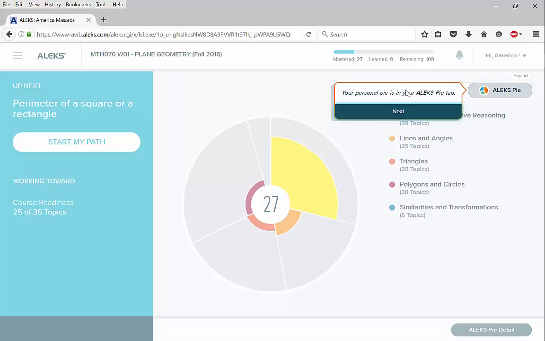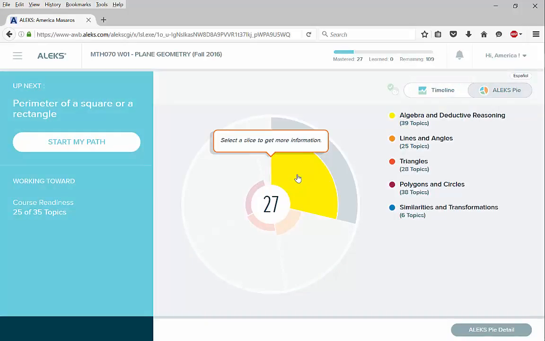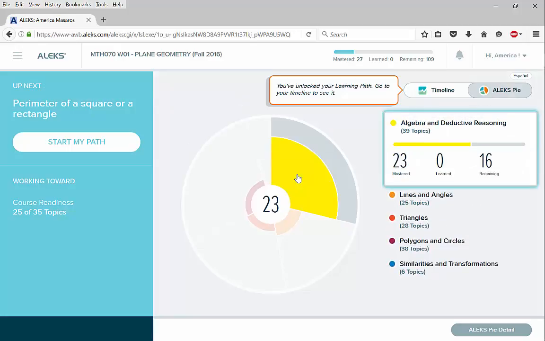Here's my ALEKS Pi tab. Click on a slice to get more information. Oh. So this says I've mastered 23. I haven't learned any in this class yet, and there are 16 left in this yellow slice.